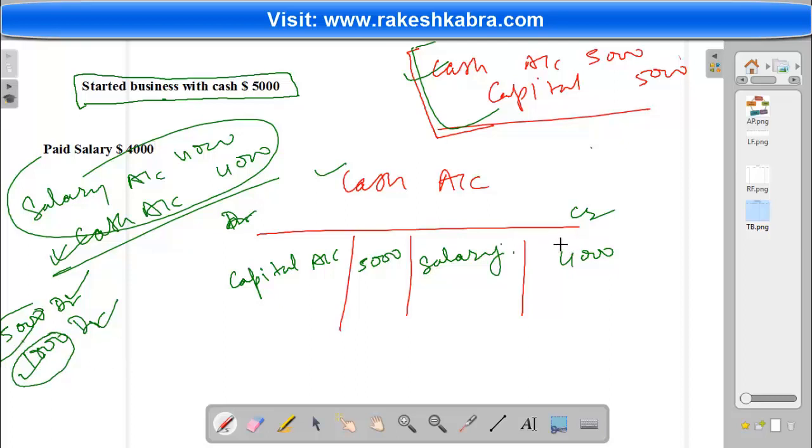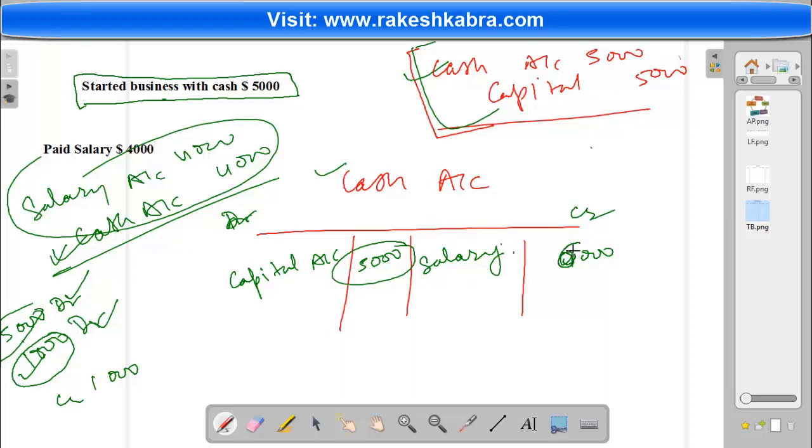Now suppose in place of 4,000, if I pay 6,000, then only it will show credit balance of 1,000. But it is not possible, as we discussed earlier, that whatever cash we have, we will pay only up to that amount. We can't pay more than 5,000.